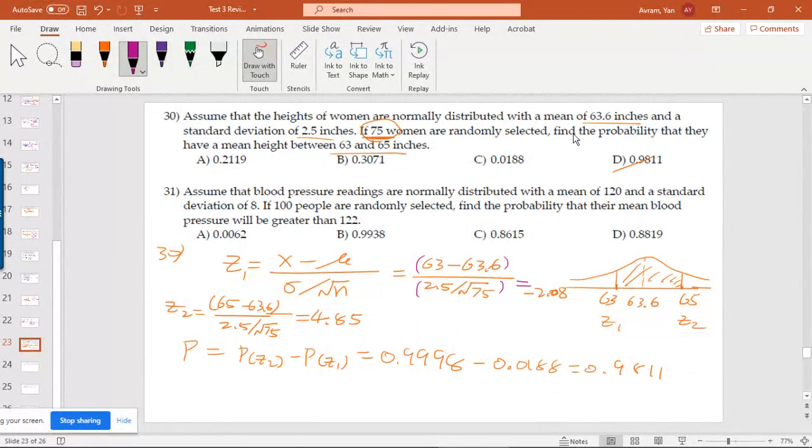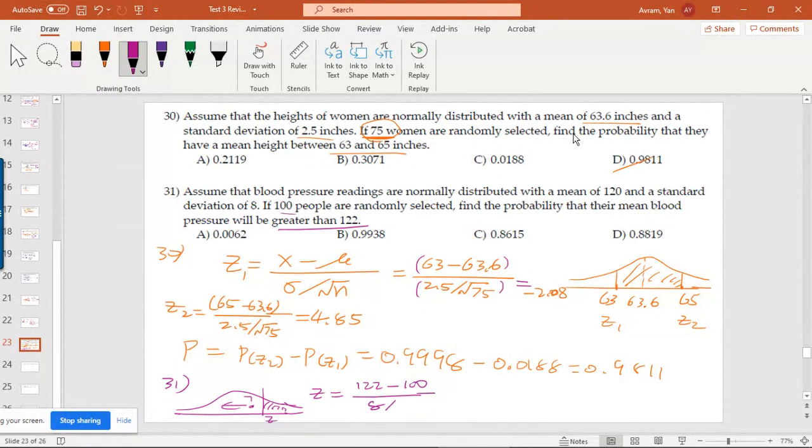The next one, which is very similar, but this time is greater than 122. Greater than is area to the right. When you have a greater than, it is the area on the right hand side. So we need to find the area to the left first, and then you have to calculate this z-score first. So X here is 122 minus the mean, divided by sigma here, which is 8.